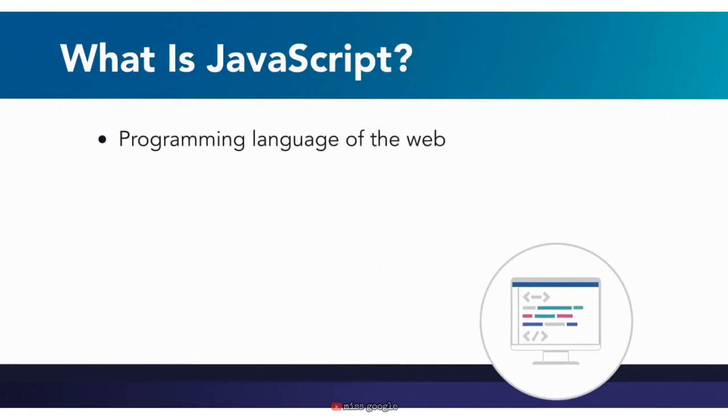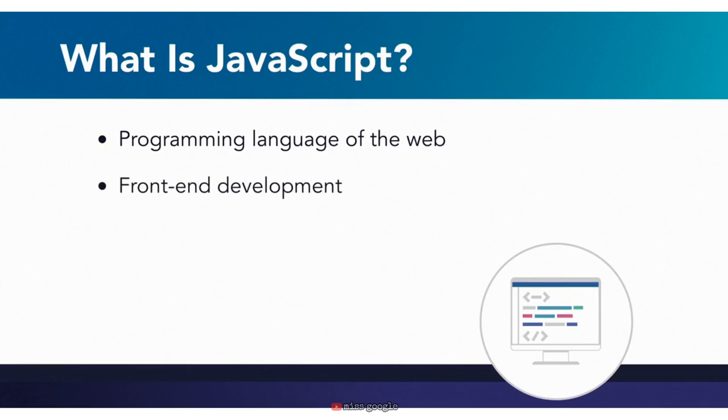So, now that we know that JavaScript is not Java, what is it really? It's the programming language of the web, and arguably the most widely used programming language in the world. And when I say it's the programming language of the web, I mean that it's the language that you use to program the web, to make it do what you want. These days, JavaScript is most commonly used for what we call front-end development, or client-side development. That is, any kind of programming that happens in a web browser, as opposed to on a server.